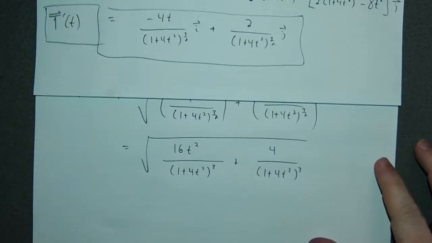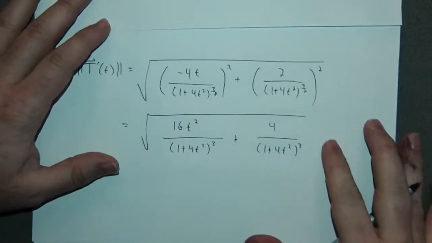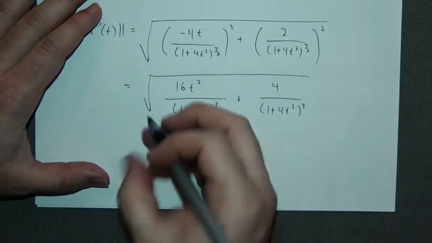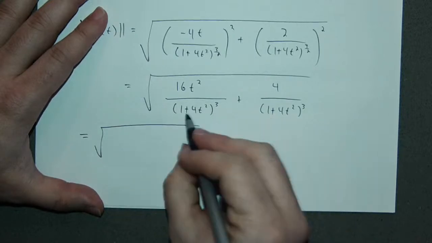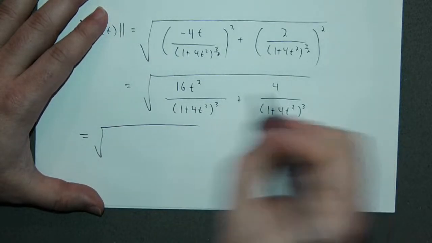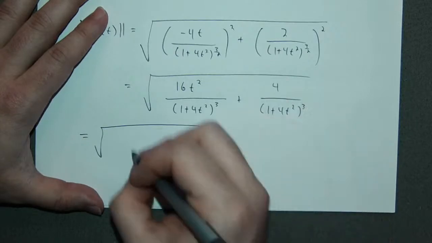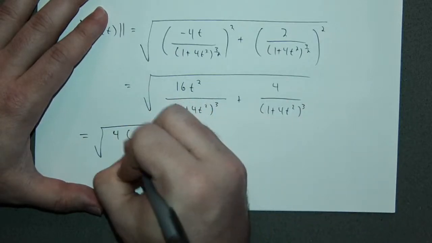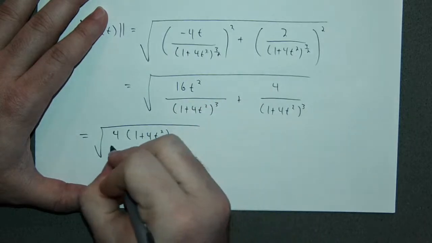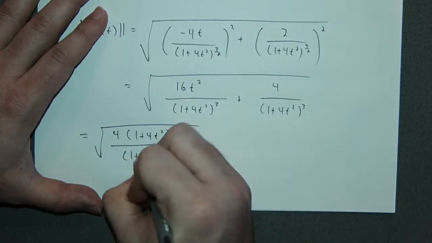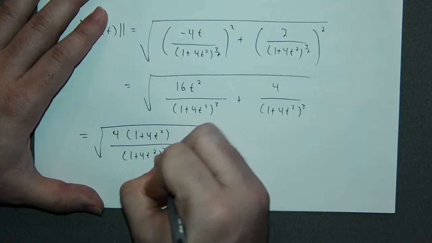Okay, I promise this story has a moral. There's a moral to this tale. All right, so this is equal to the square root of, I can combine these. These have the same denominator. I can add them together, and I can actually factor out a 4. And when I do that, I get 4 times (1 plus 4t squared). Oh, would you look at that? Over (1 plus 4t squared) cubed.